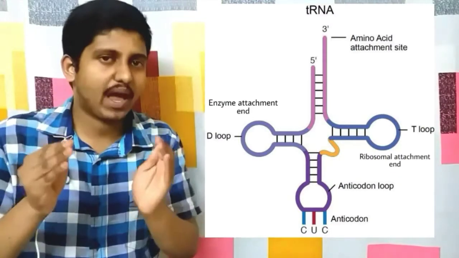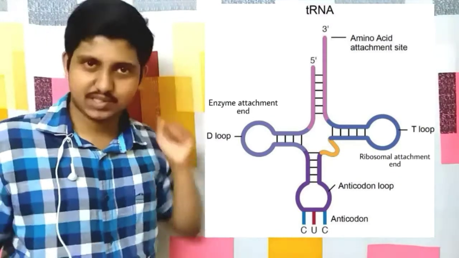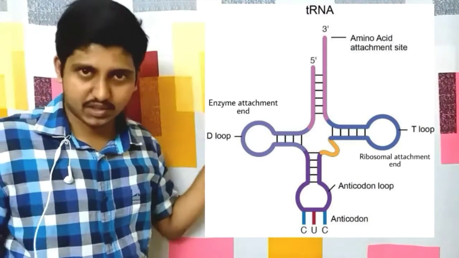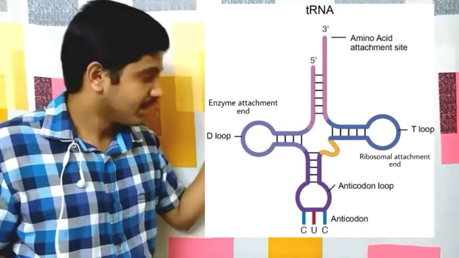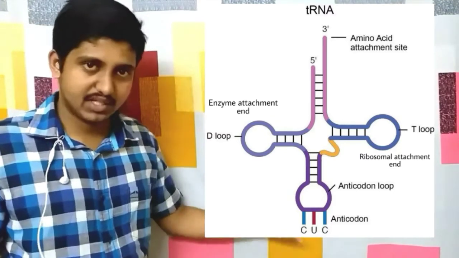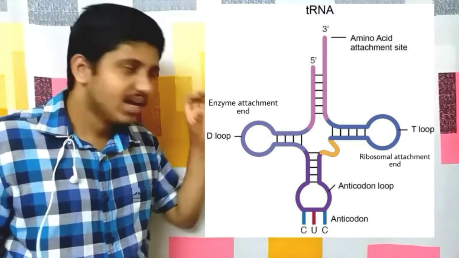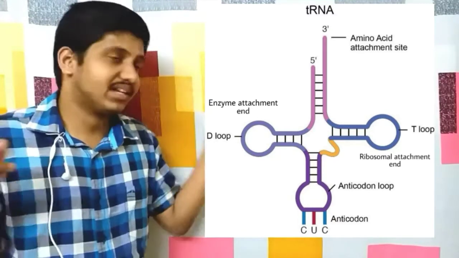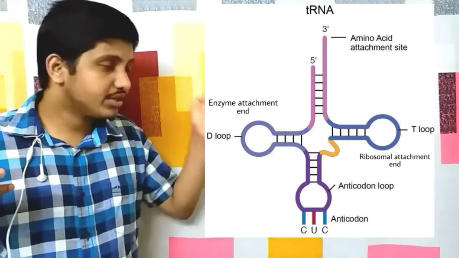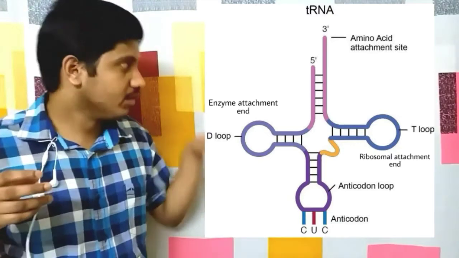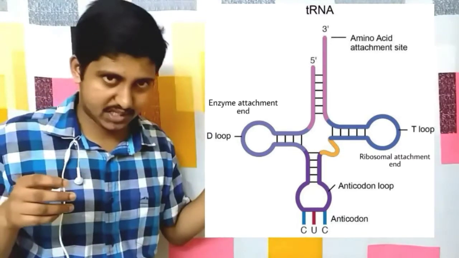So let's go to the topic. Also, we have to know a little about the tRNA structure. You can see the structure of tRNA here. The lower arm is the anticodon loop, that is, the codon which is complementary to the codon on the mRNA, which codes for a particular amino acid.